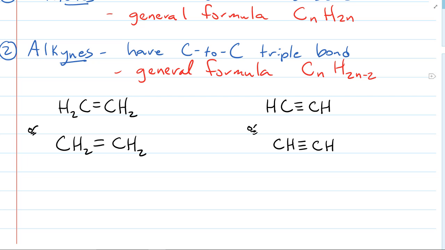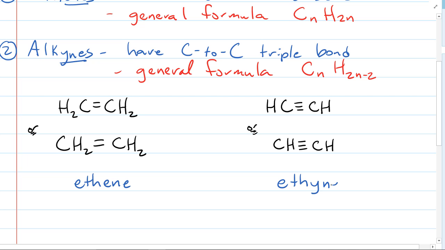Ethane, right. So then if we have an alkene, then we change the name from ethane to ethene. And the name of this is going to be ethyne. So we have ethene and ethyne as the two names. So again, ethene and ethyne. Really your key to success here in organic chemistry is to learn those prefixes and suffixes.